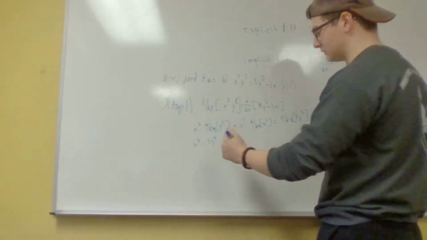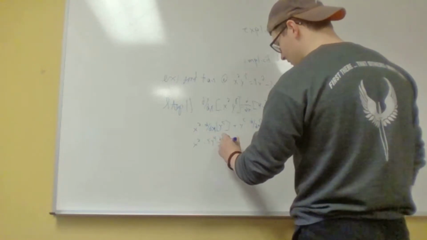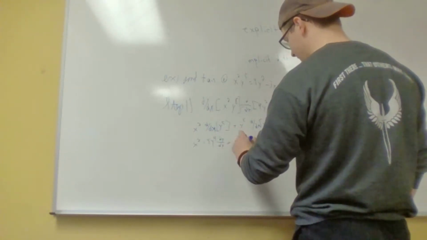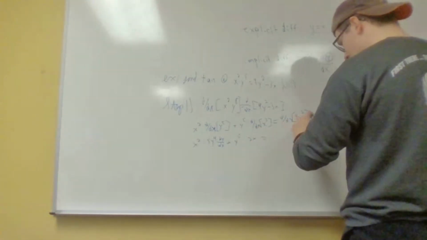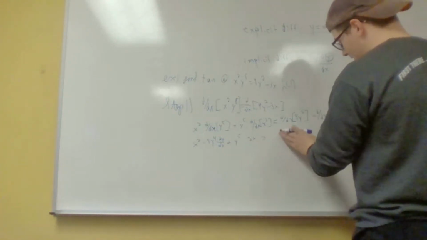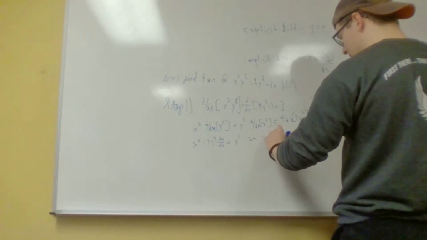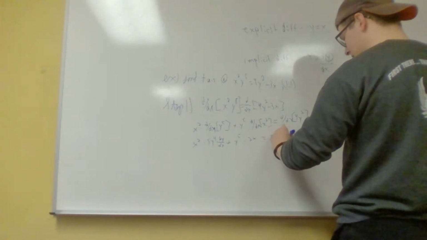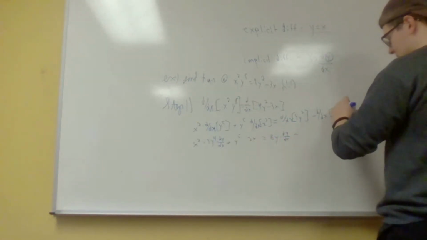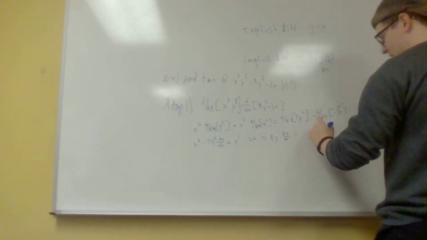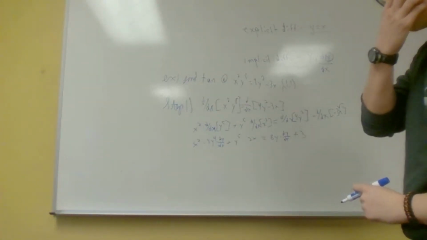This is the key point though. You multiply by dy dx, plus y to the fifth multiplied by 2x. And then d dx of 4y squared is going to be 8y times dy dx, minus the derivative of negative 3x, which is just plus 3.